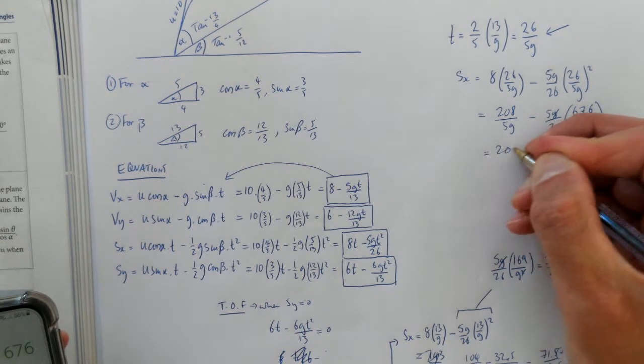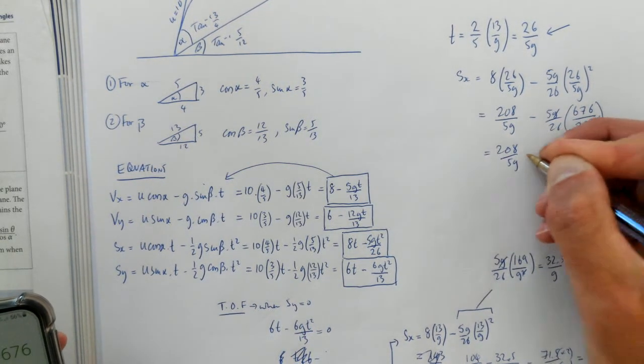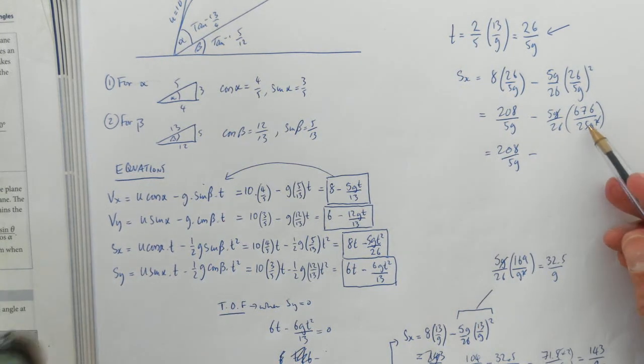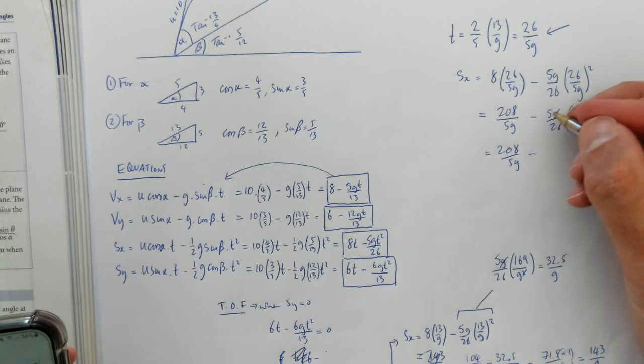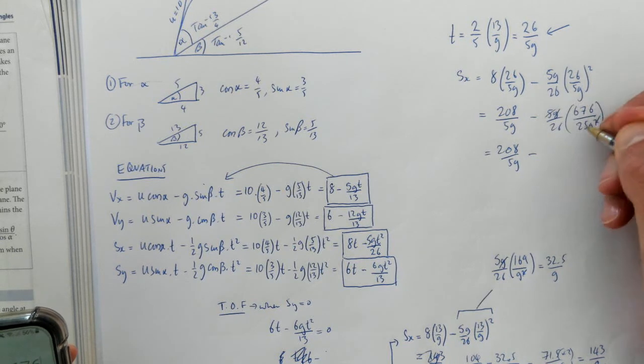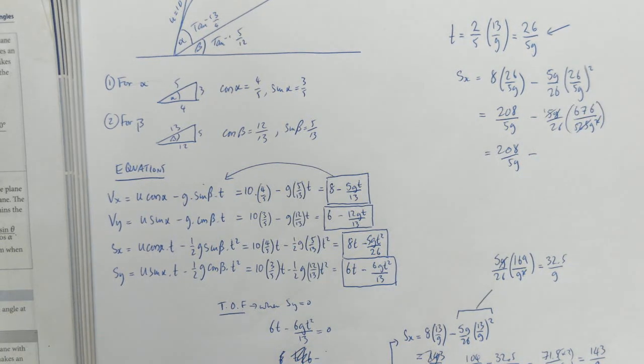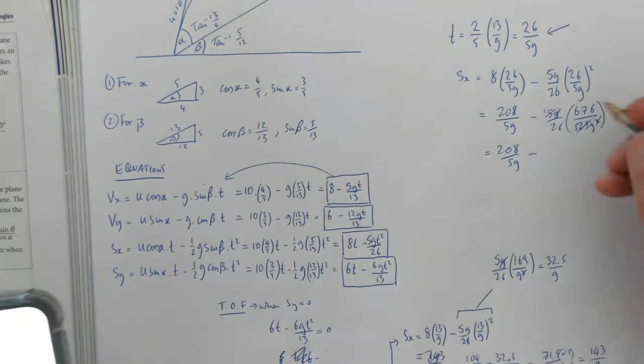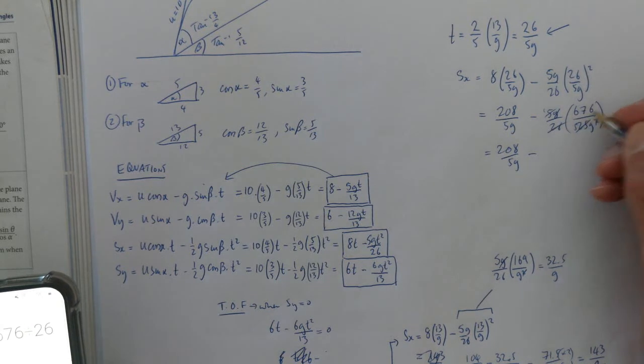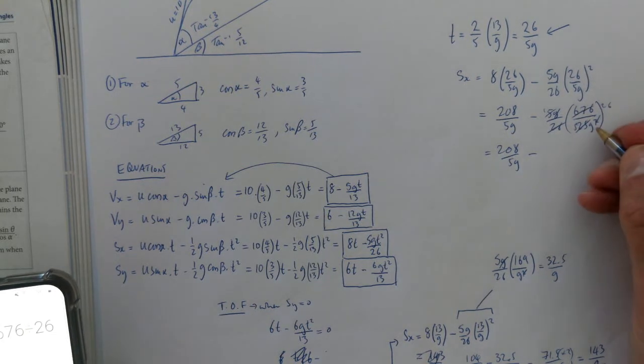Let's see if we can simplify this any further, which we will be able to. That goes with that 5 times, isn't it? Let's say 676 divided by 26. Yeah, so we could have done that there, couldn't we? That goes with that 26.